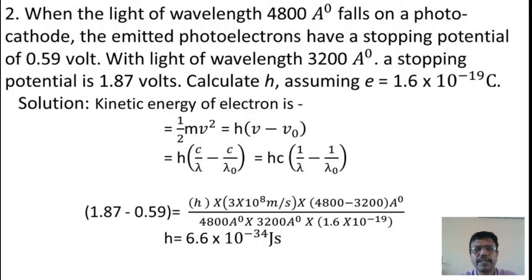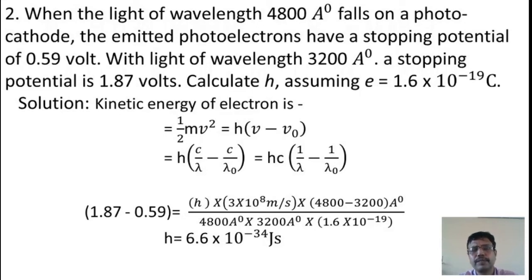If you simplify this, 1.87 minus 0.59, that means kinetic energy 2 minus kinetic energy 1 is equal to hc into 1 by lambda 2 minus 1 by lambda 1. Substitute 1.87 minus 0.59 is equal to h value, because you want to calculate the value of h here.